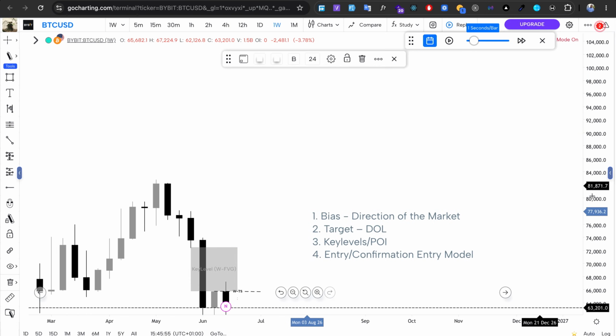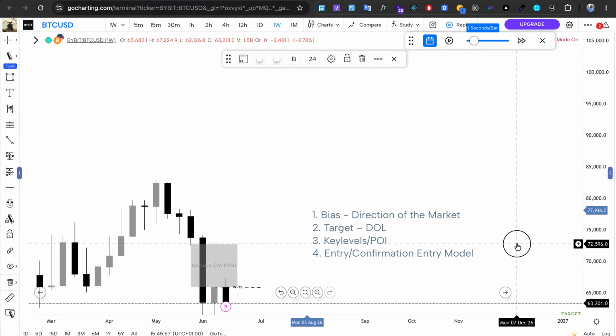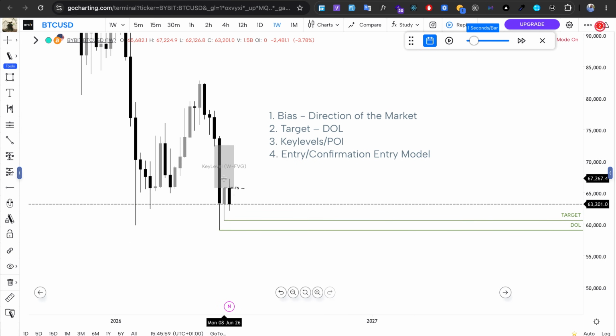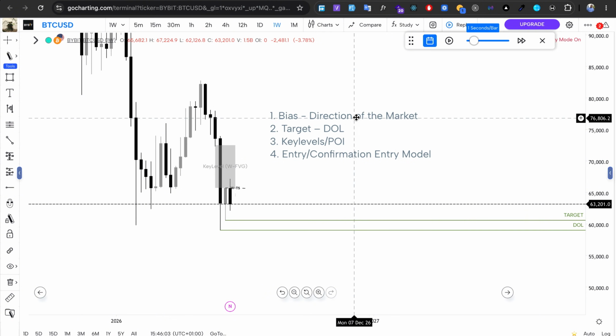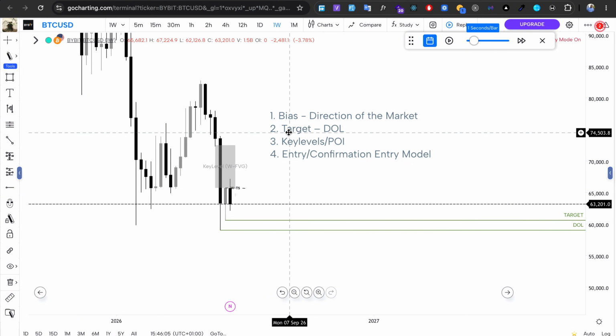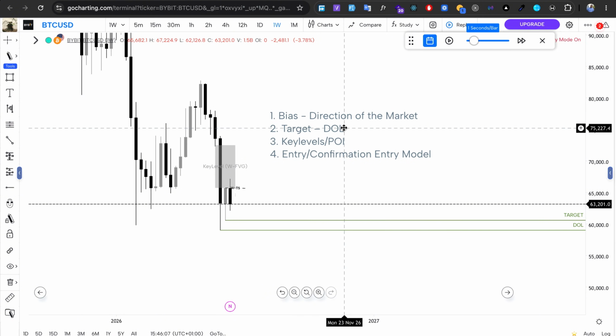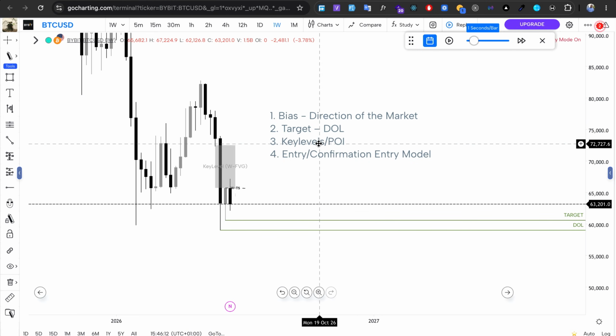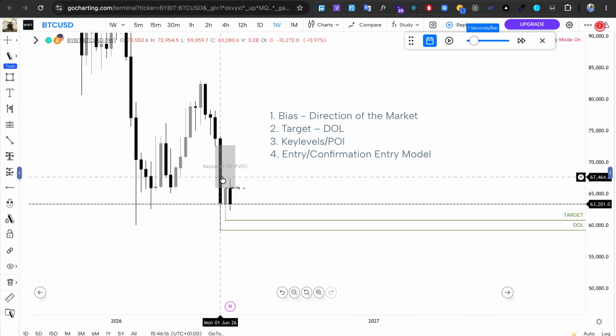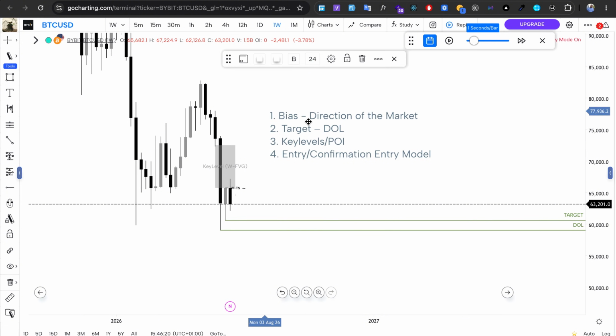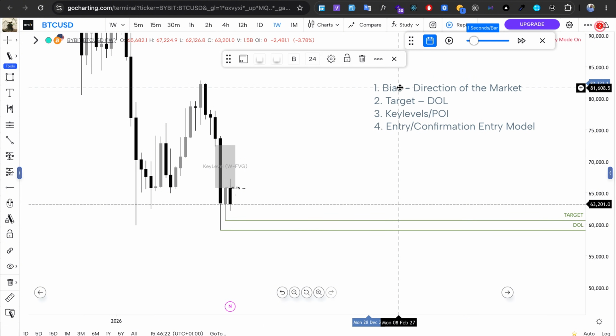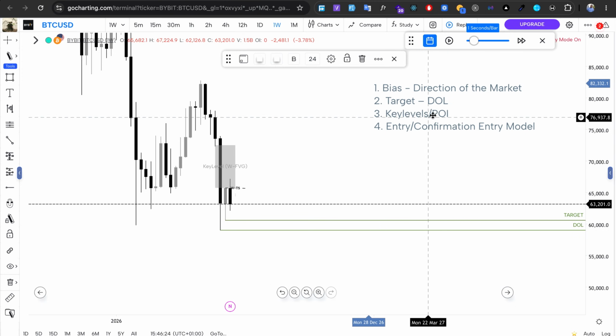So now from this, we've gotten the bias. The bias is bearish. We've gotten the target, or we can call it DOL. Then we have the key level in which the price is reacting from, but this is not the key level that I'm going to take my trade from. So the next thing is to get the key level.